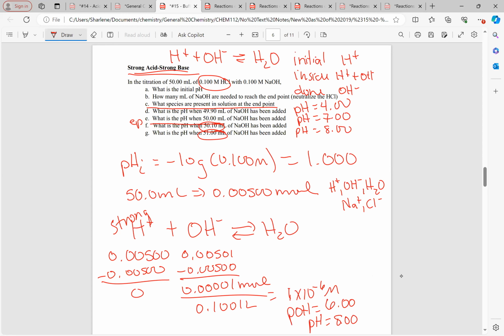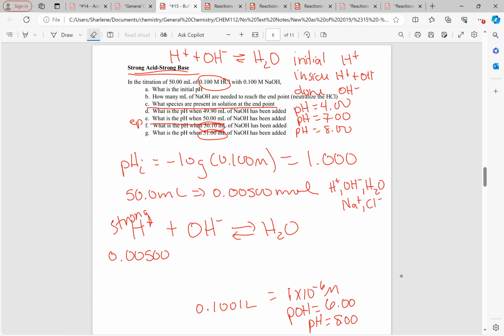And for the very last one, what if I overshoot by a whole milliliter? All right, this time I've added 0.00510.